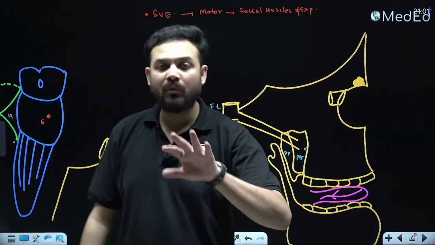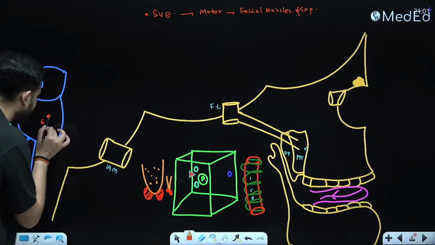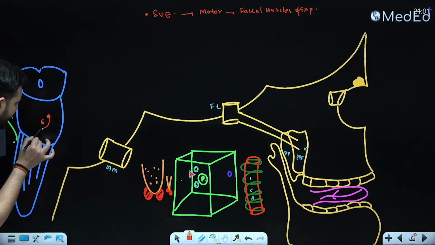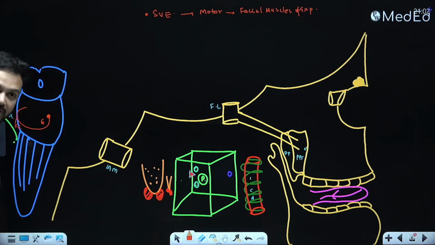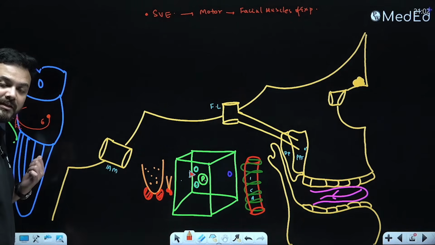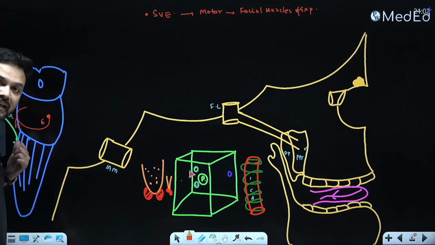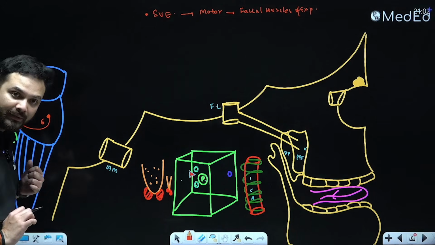Before exiting, the fibers of the motor nucleus turn around the sixth nerve nucleus and create a bulge in the fourth ventricle. This bulge is called the facial colliculus. The facial colliculus is a bulge created by the motor fibers of the facial nerve in the fourth ventricle.